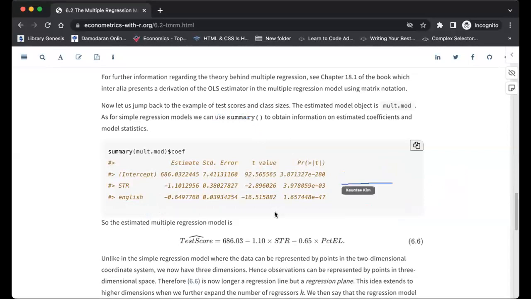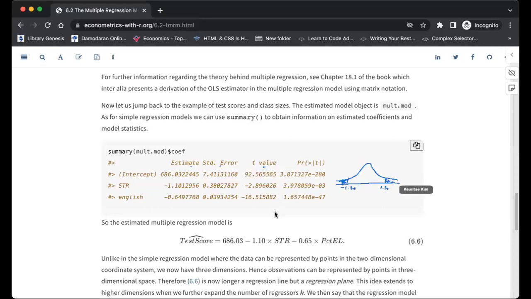Always think about the standard normal distribution curve with minus 1.96 and 1.96, and the t value calculated from the estimate and standard error, which is located within either of these two regions.